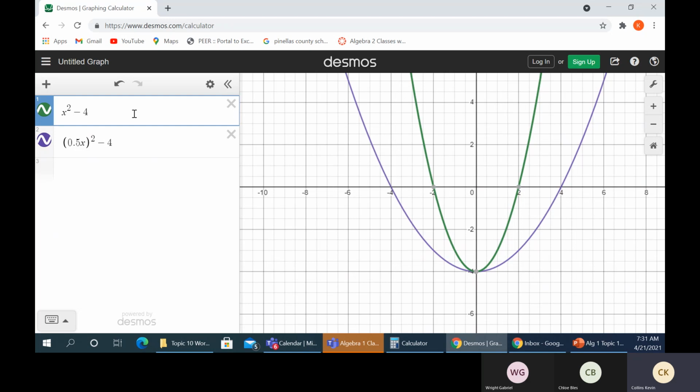So there's 2 ways you can think about this. Usually we talk about a vertical compression, right? So vertical means we're pushing the graph down, right? This could also be called a horizontal stretch, which means you're grabbing the graph and pulling it out horizontally. So you can think of it as 2 ways.